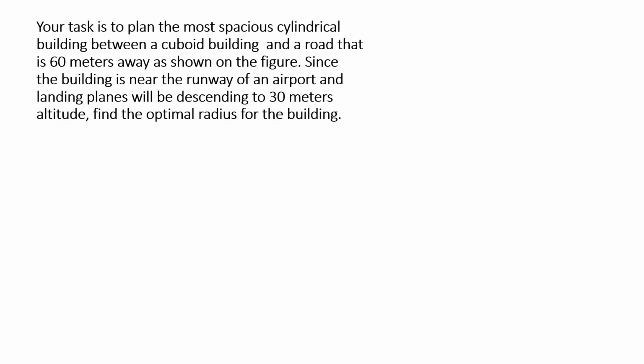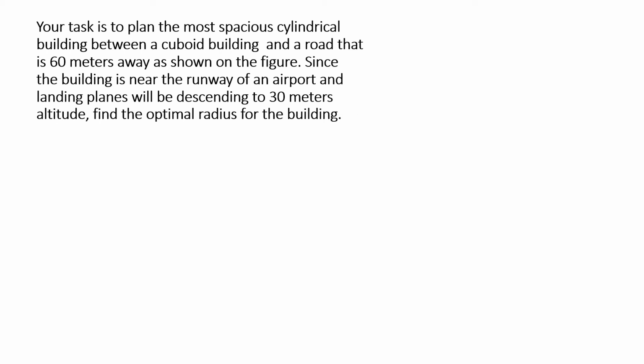This problem is really a practical problem. It's about placing a building nearby an airport with certain constraints. So let's take a look at the constraints and see what we have. This is the definition of the project.